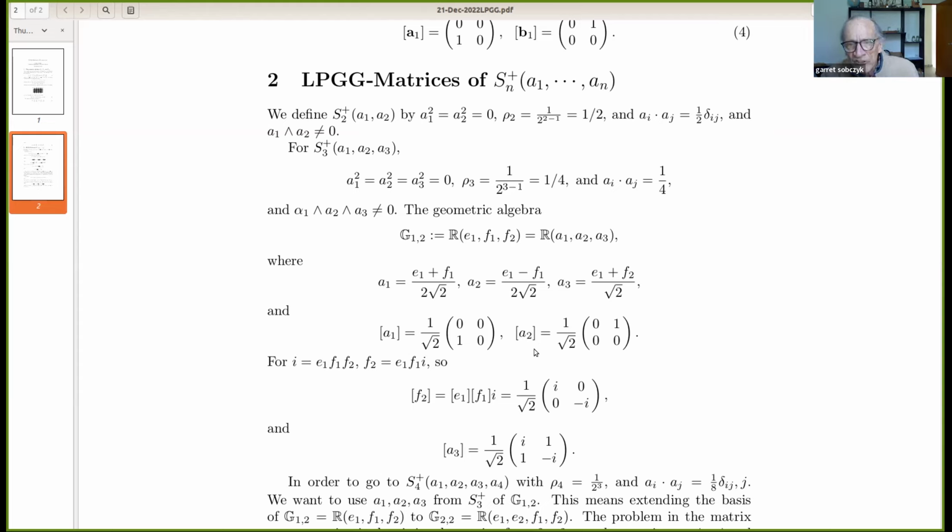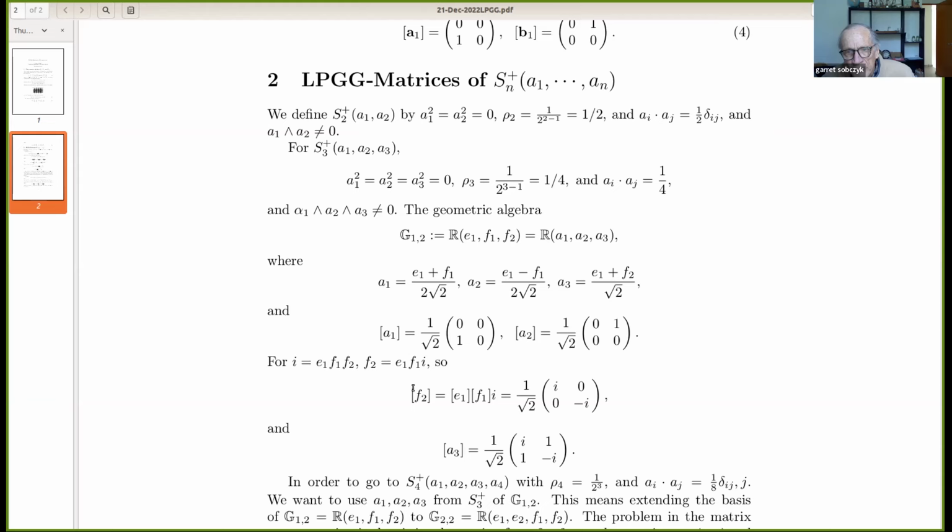Okay, now the question is, what is the matrix of F2? Well, here we have it. We first of all solve this equation for F2. If I is equal to E1 times F1 times F2, then all we have to do is multiply E1 times F1 to both sides of this equation, and we get F2 is equal to E1 times F1 times I. Now we take the matrix of F2.